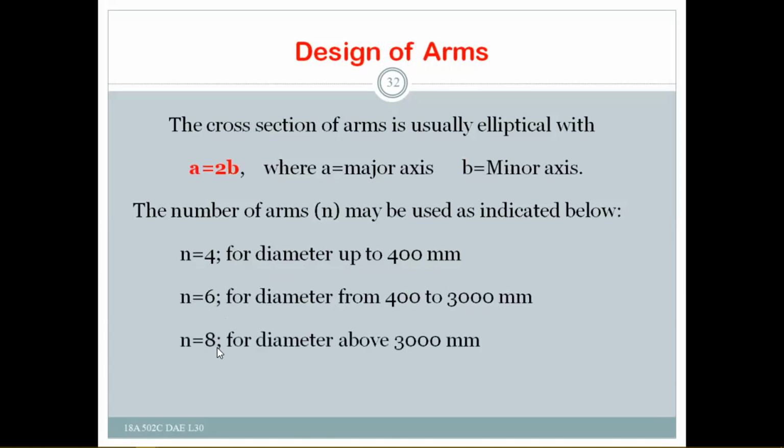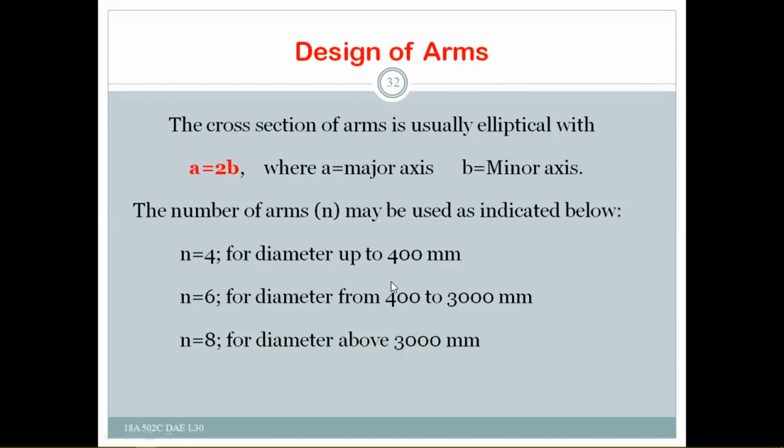Similarly, n is equal to 8 for the diameter above 3000 mm, that means above 3 meters. If it is less than 400, we are going to use a solid disc flywheel.